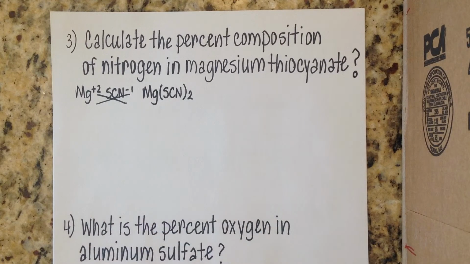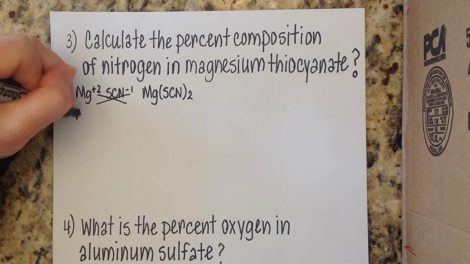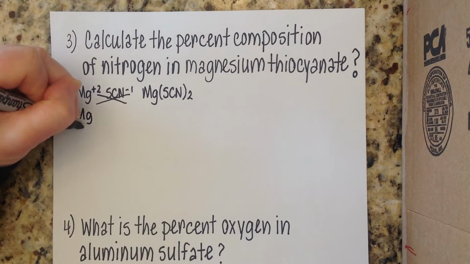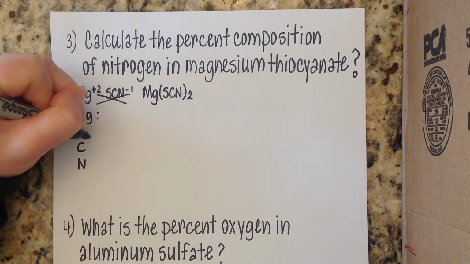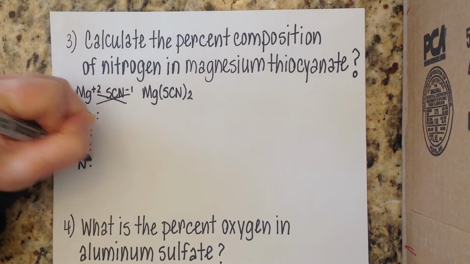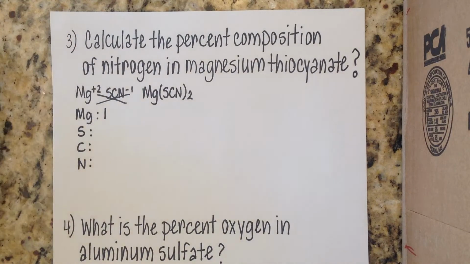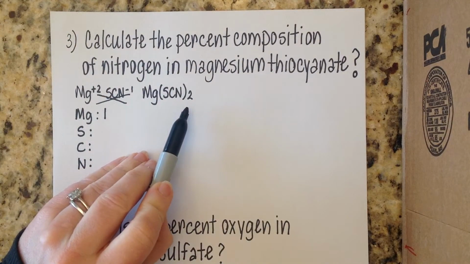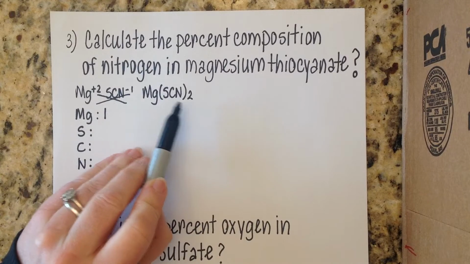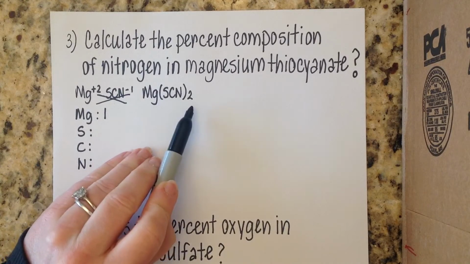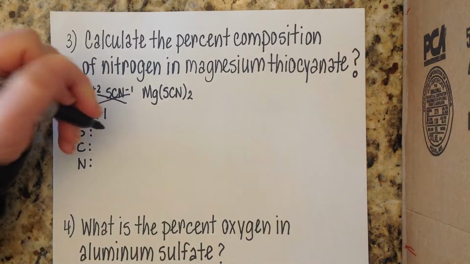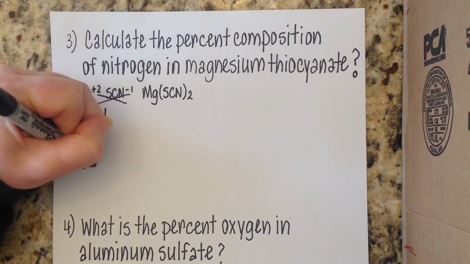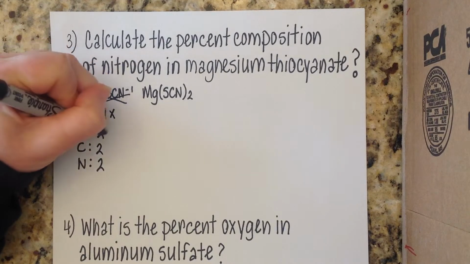So now we're ready to find the molar mass. So we have magnesium and sulfur and carbon and nitrogen. There's 1 magnesium, and then this 2 on the outside of the parentheses, you're going to multiply it by each subscript inside, so you're going to have 2 sulfurs, 2 carbons, and 2 nitrogens. Just a good little review for you right there.